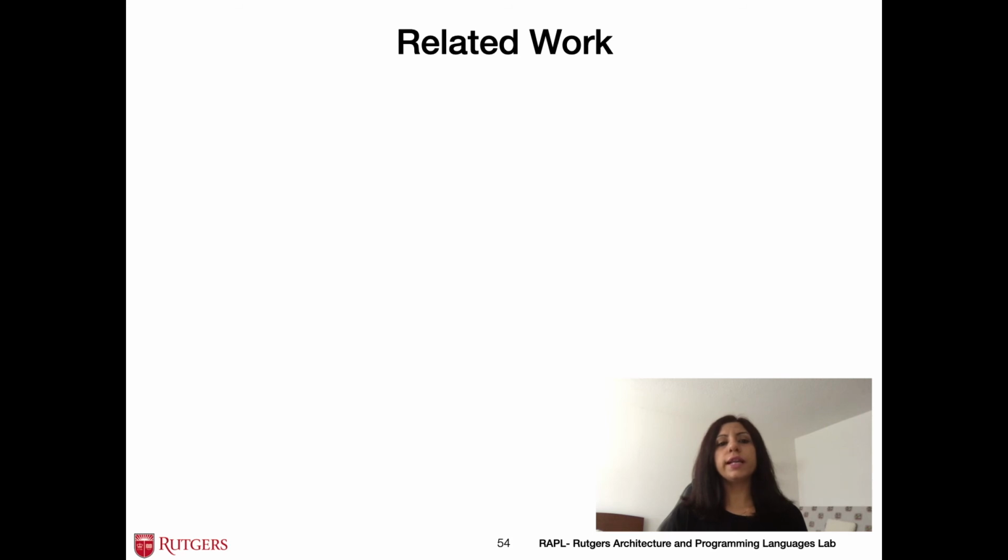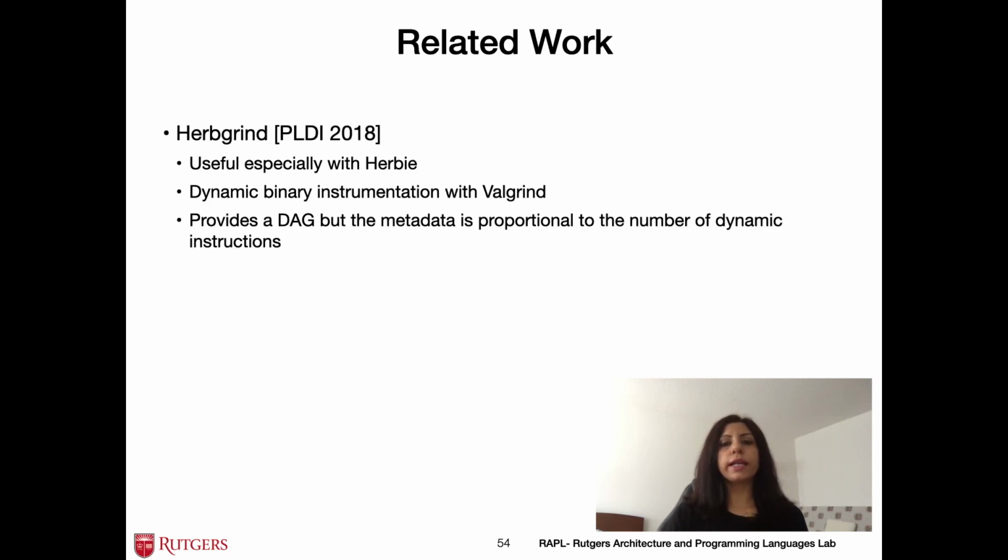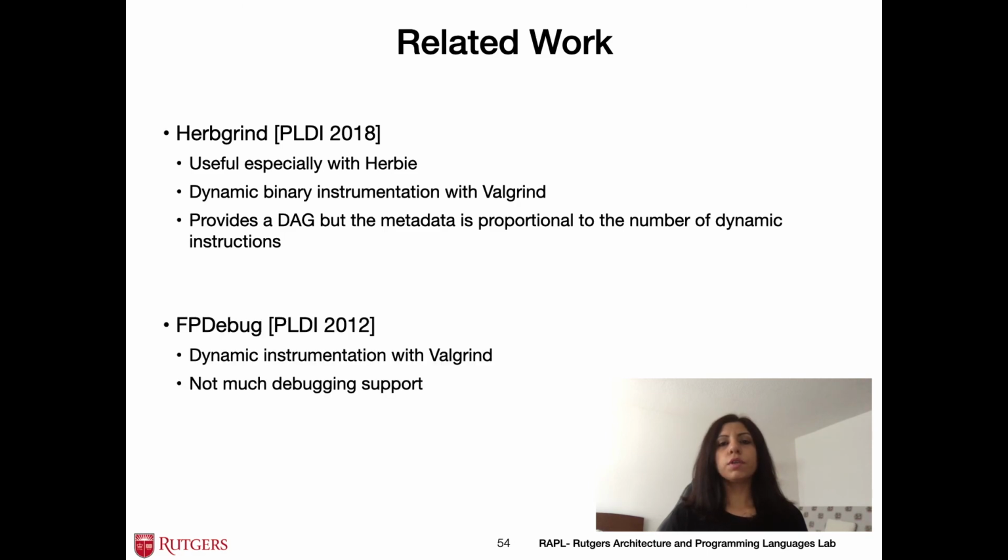Before I conclude, let me give you a quick overview of related work. Since posits are very new, there is not much support for detecting numerical errors with posit applications. There are two closest pieces of work in the floating point domain, that is HubGrind and FPDebug. Both of these tools are dynamic instrumentation tools based on Valgrind.